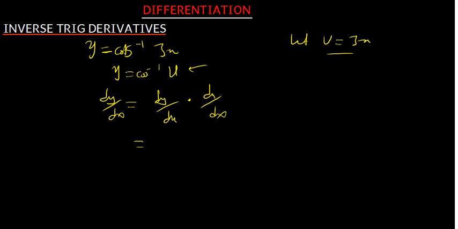Now dy over du, we know that if we differentiate cosine inverse of u, we're supposed to get negative 1 over the root of 1 minus u squared. And this we are multiplying by du over dx. If we differentiate 3x, we're supposed to get a 3.